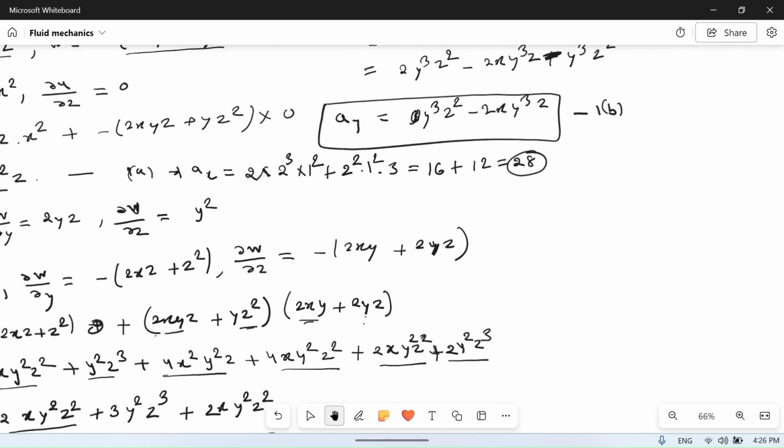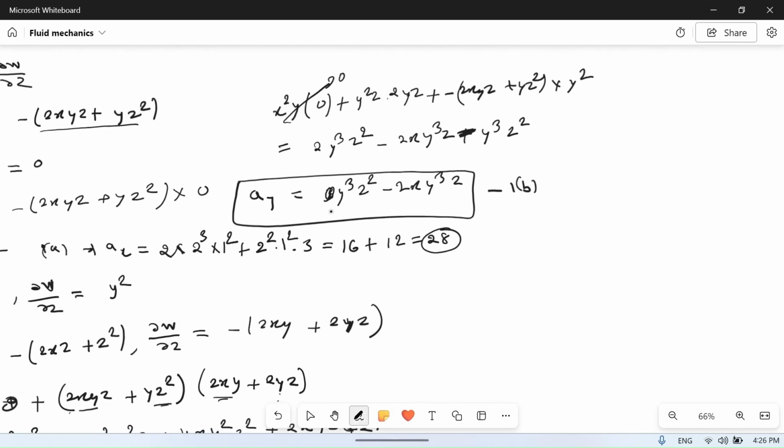Similarly, what is ay? Ay is this, so if you put values, then we will get ay is equal to y cube, which is 1 cube into z square, which is 3 square, minus 2 into 2 into 1 cube into 3.